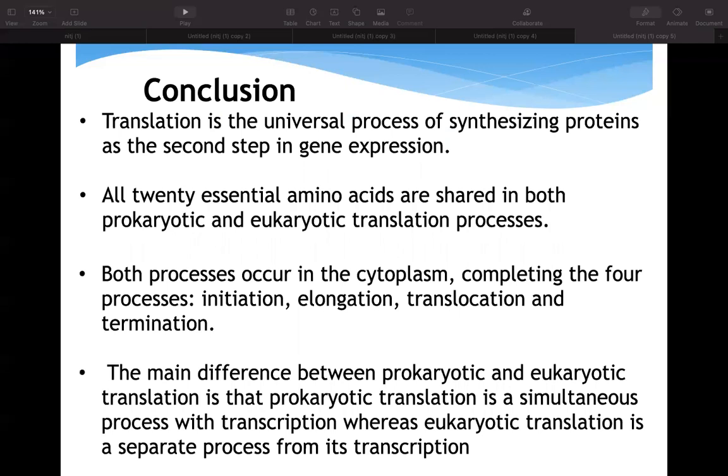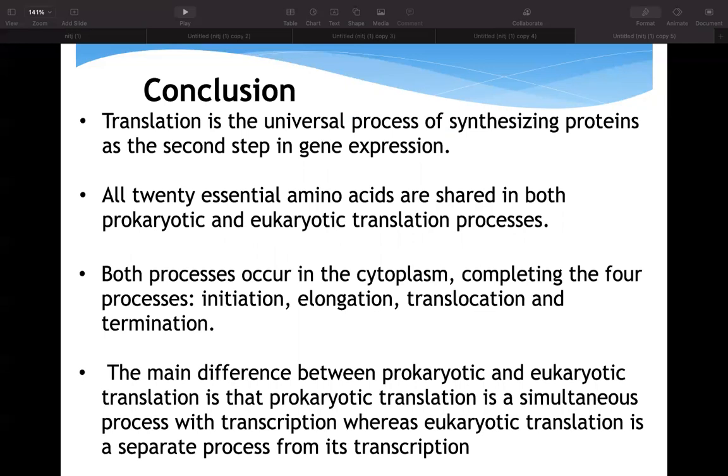All 20 amino acids are shared by both prokaryotic and eukaryotic translation. Both processes occur in the cytoplasm, completing the four steps, that is initiation, elongation, translocation, and termination.